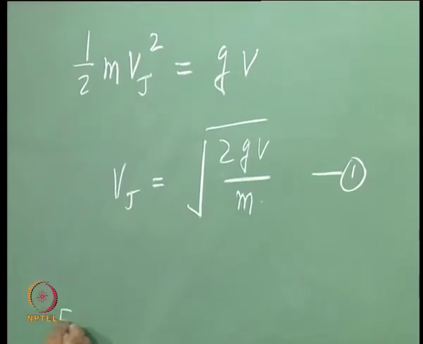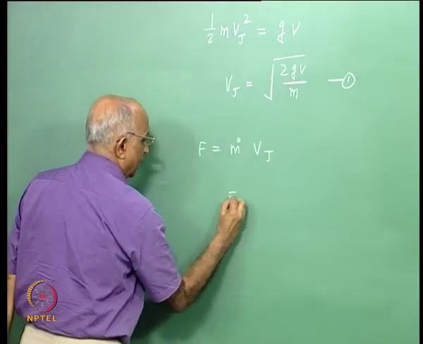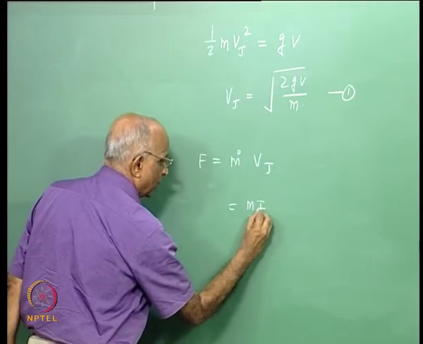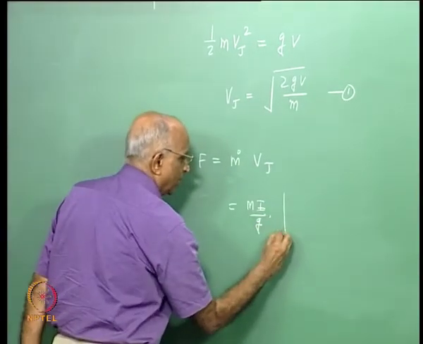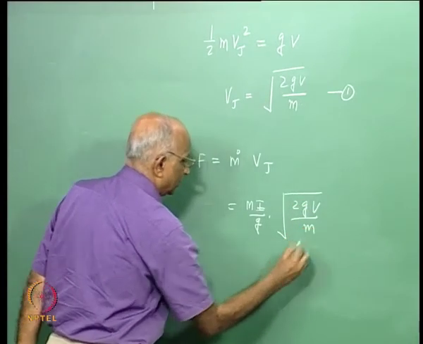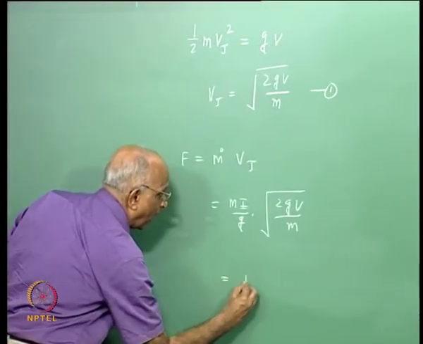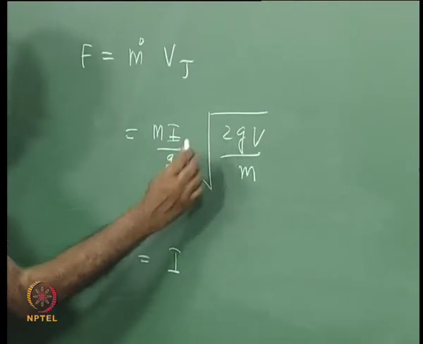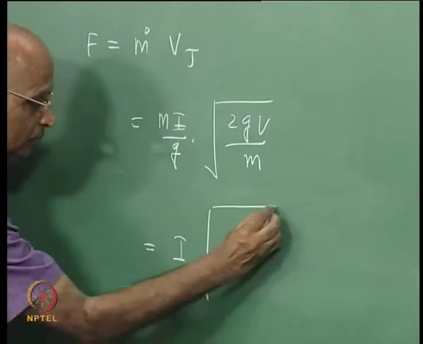F is equal to m dot into Vj, and this I can write as m into I divided by q into the value of Vj, which is under root 2 qV by m. I take it outside, m comes on top, q comes at the bottom into under root.